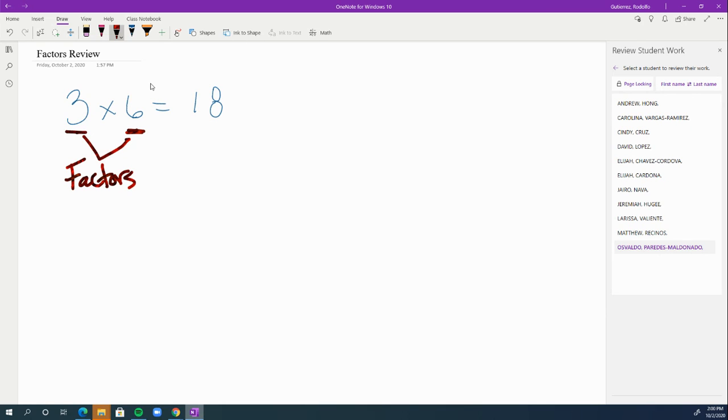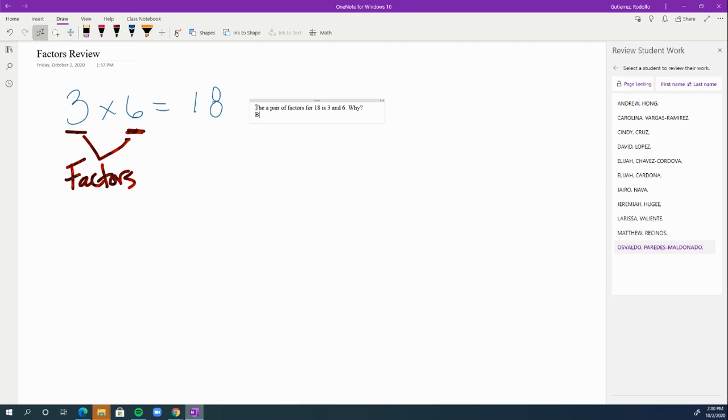So for that matter, we can say that a pair of factors for 18 is 3 and 6. Why?